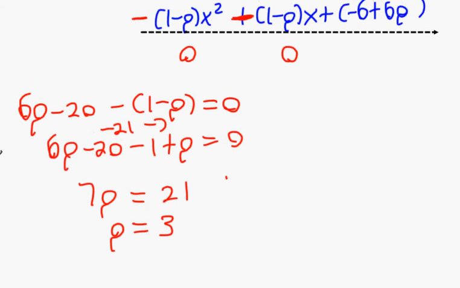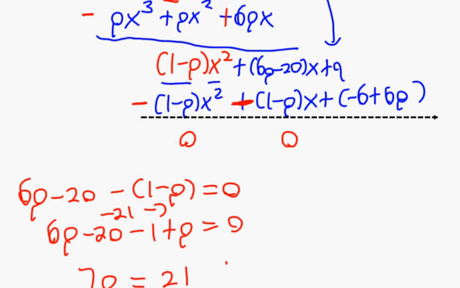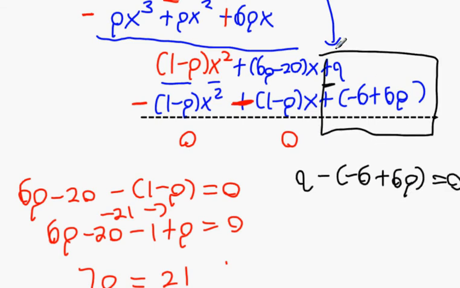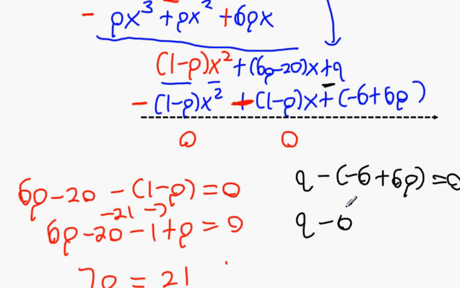Is that it? Okay, next one. Q. Lads, we have to change this to a minus as well. So it's going to be Q minus 6 plus 6p all equals 0. This is me working this section here. Okay? Then what we're going to do is Q minus 6 minus 6p equals 0.